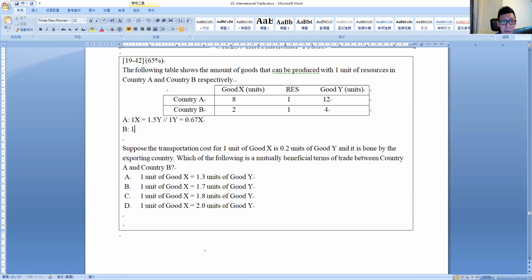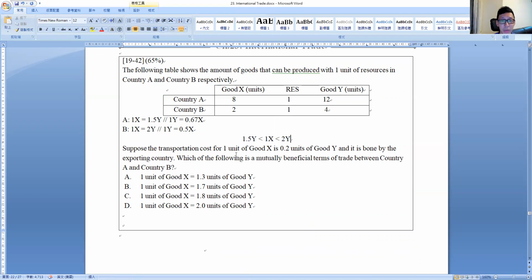Now, for country B, it will be 1x equals to 2y, or 1y equals to 0.5x, right? 好啦，嗱，答案係咩㗎？係 1x 對幾多嘛？ So, let's make the range 1.5y to 2y.